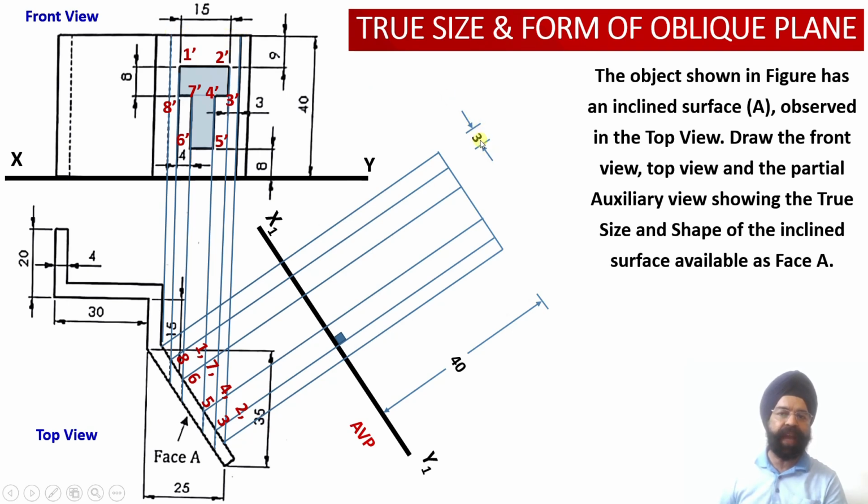So this distance happens to be 3 millimeter. Similarly, this distance also happens to be 3 millimeter. And we know that this particular width is equal to 15 millimeter.